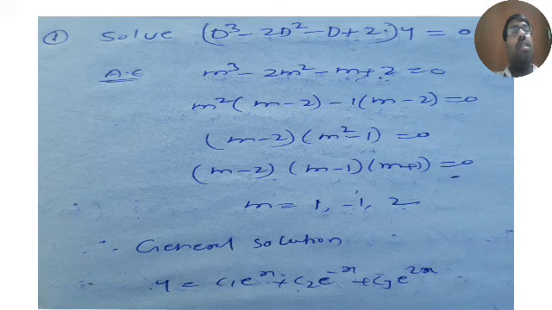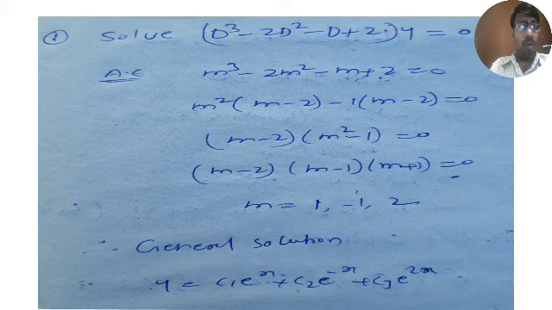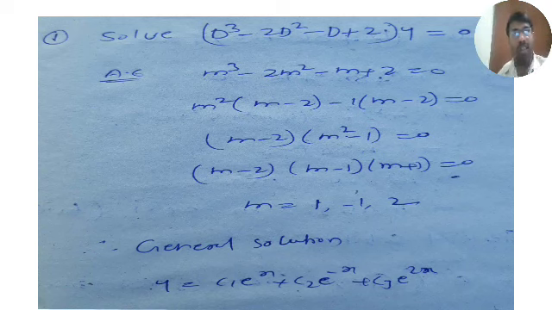Okay, so this is my first problem. Solve (D cube minus 2D square minus D plus 2) y is equal to 0. So what is the order?